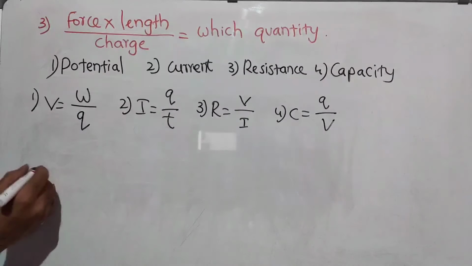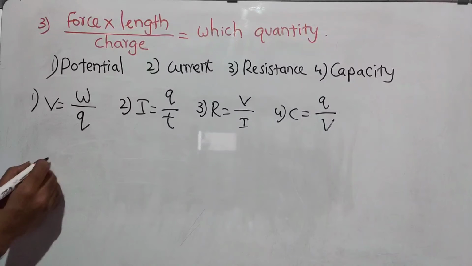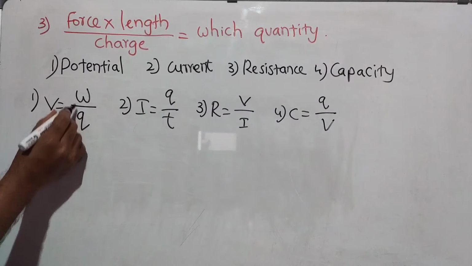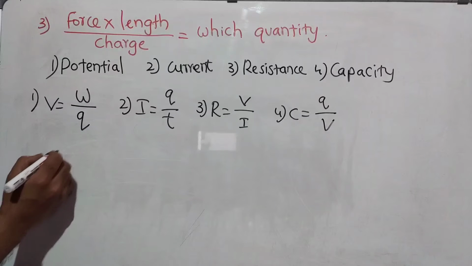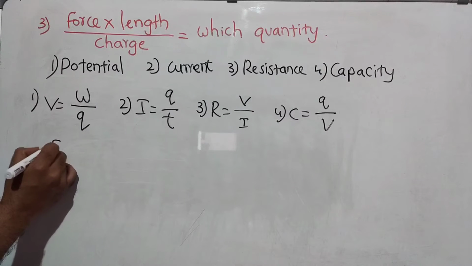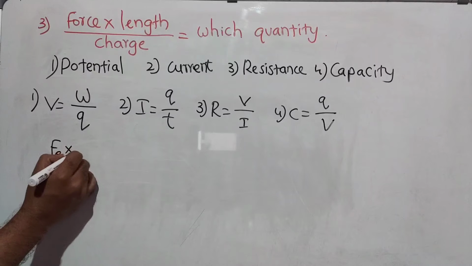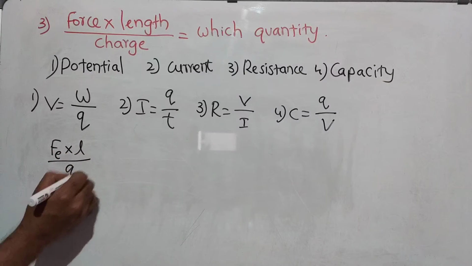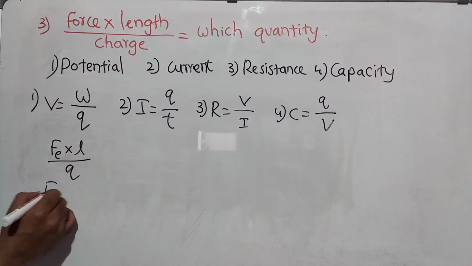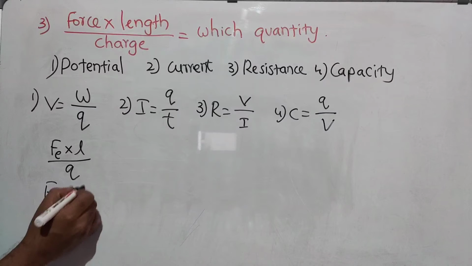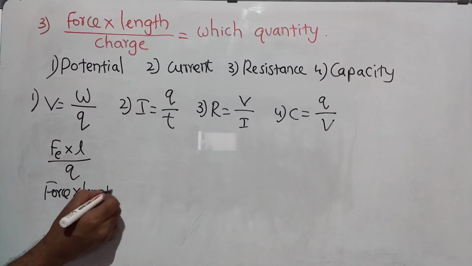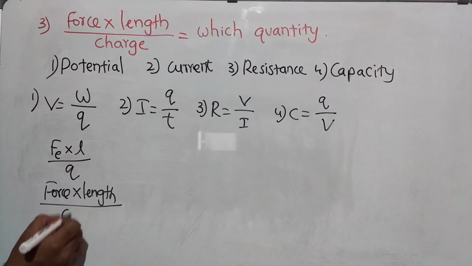Now see, potential V is equal to work done on unit positive charge, that is force into displacement by Q. So that is given as force into length by charge.